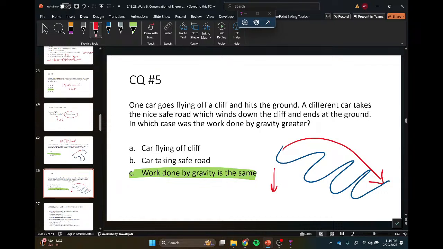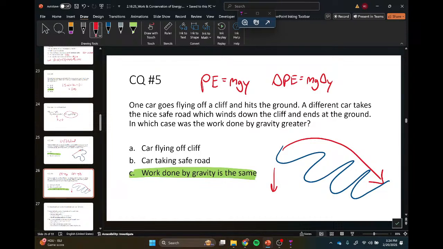This is foreshadowing that we're going to find that gravity has an equation. We're actually not going to find the work due to gravity in most problems. We're just going to use the equation for potential energy due to gravity. We'll see this in a future slide, but there's an equation for this. And if you want to find the change in potential energy, you just do mg delta y. It doesn't matter what path you take. It doesn't matter whether it's meandering, whether it's a straight line down, whether you zigzag.